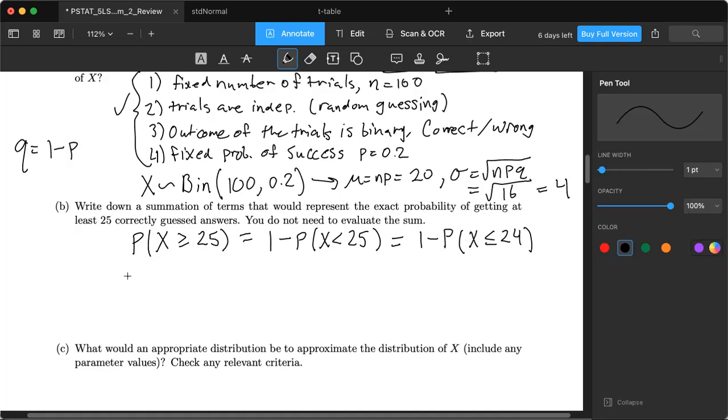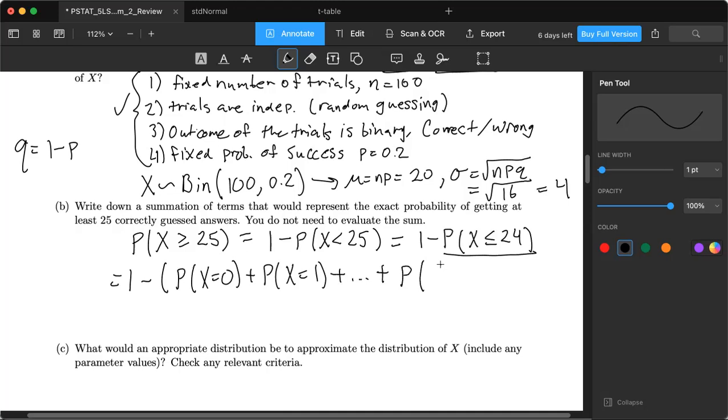So writing this out, this is equal to 1 minus, and then we could expand this as the probability that X equals 0 plus the probability that X equals 1 plus, and I'm not going to write out all these terms, just put dot, dot, dot, plus the probability that X equals 24.